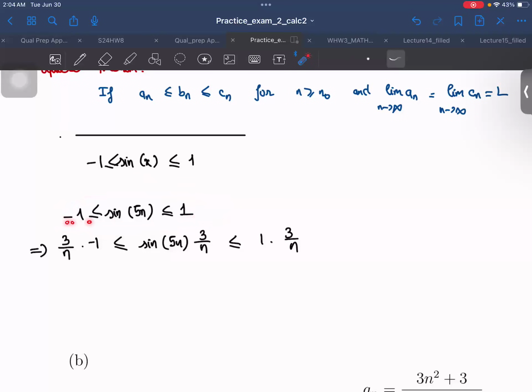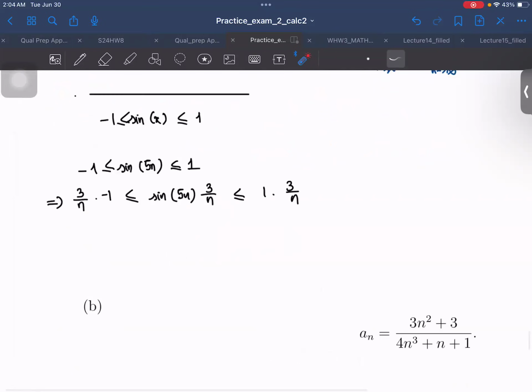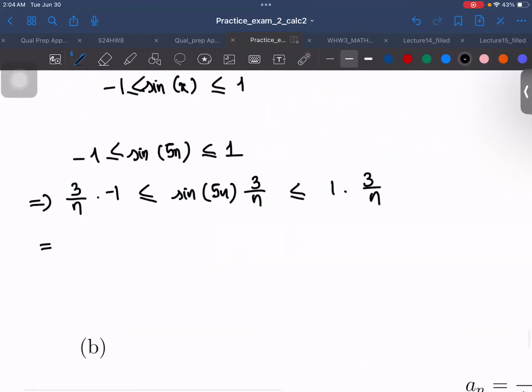Now I multiply every term by 3 over n. So I have -3 over n less than sine of 5n times 3 over n less than 3 over n.